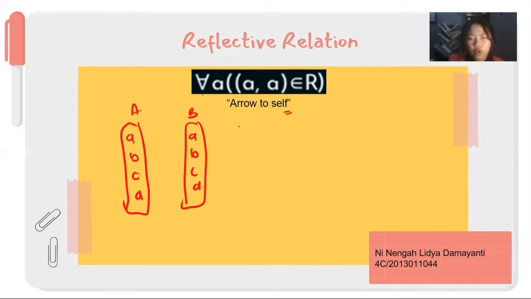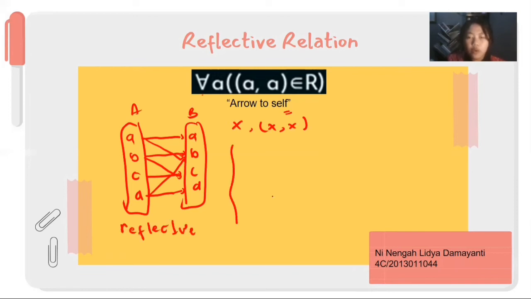So for every element x, it is (x, x). So it must be an arrow from a to a, b to b, c to c, and d to d. We can also draw an arrow from d to b, or b to c, or a to b. It's still called reflexive.